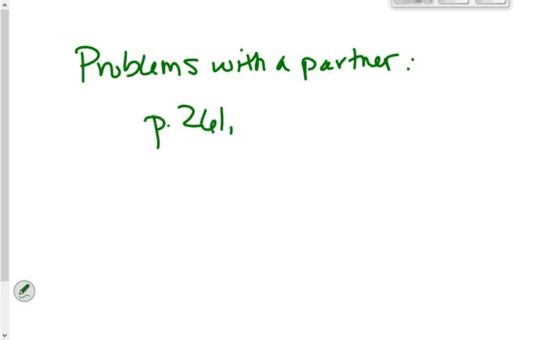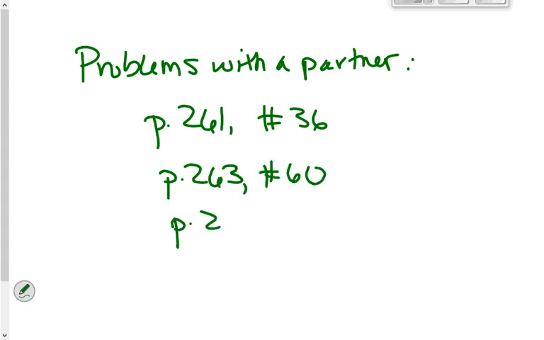So page 261, number 36, page 263, number 60, and page 262, number 45, which are not all related rate problems, but I think they encompass 3 important types of problems that you're going to encounter on the quiz on Wednesday.